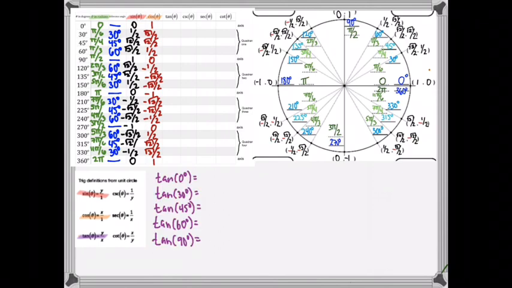Okay, so here we have tangent going from 0 to 90, and what I want to do is just introduce how we're going to set this thing up. So by definition, we go y over x. The y value is here, and we put it over x. So we're going to get 0 over 1, which is a 0. And so that's not that difficult.